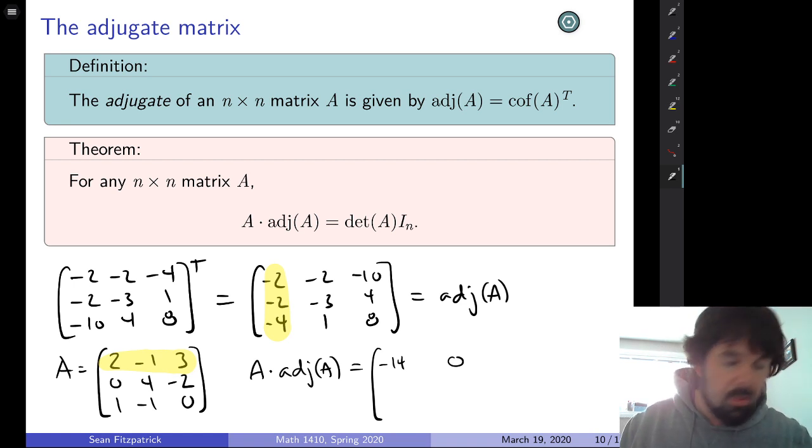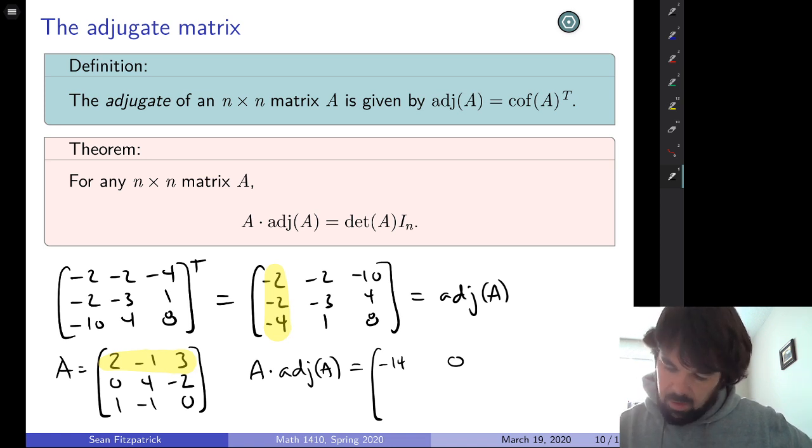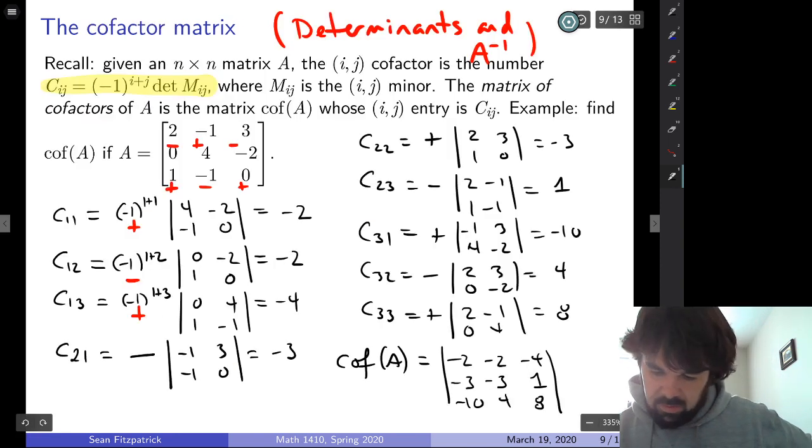Minus 2 in the second row should be a minus 3. Minus 2 in the second row. Here. Wait. Oh, of the original matrix. 2 and 3.